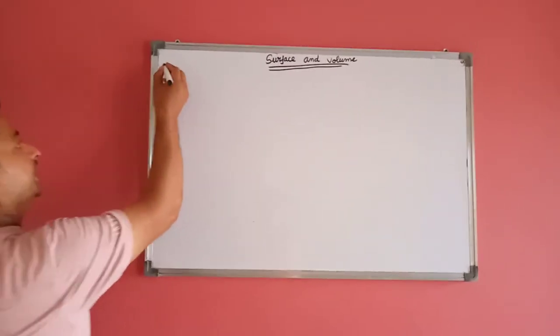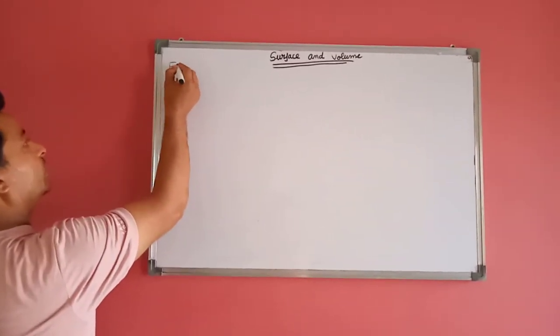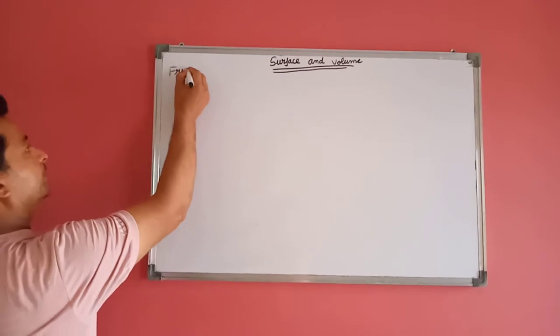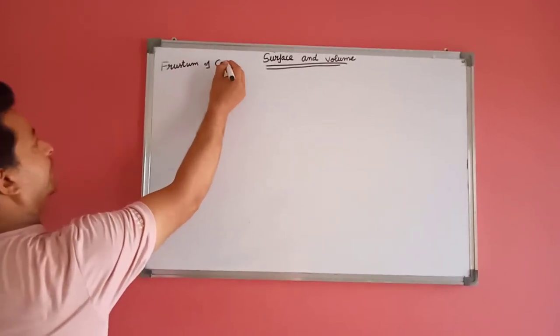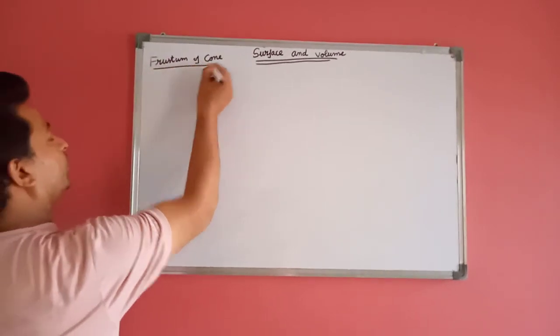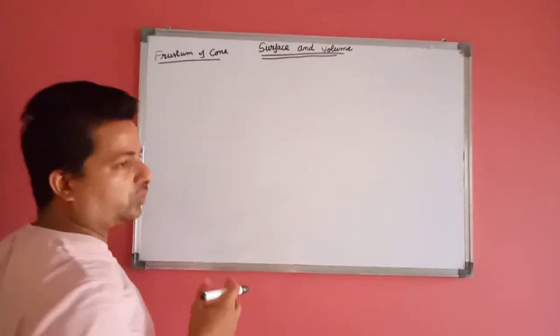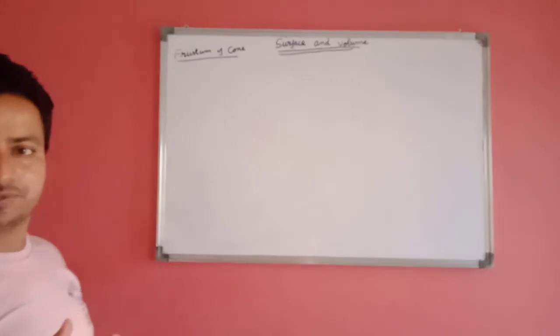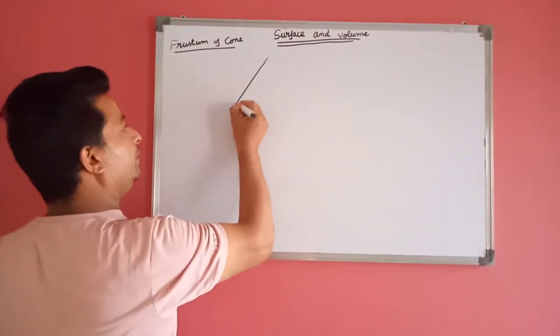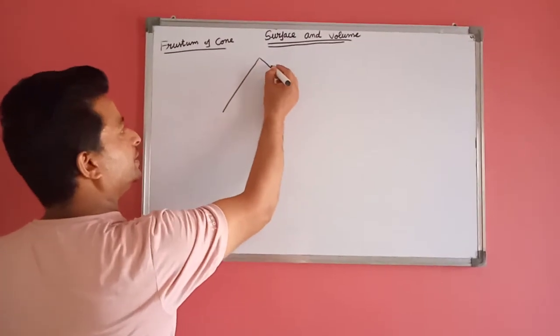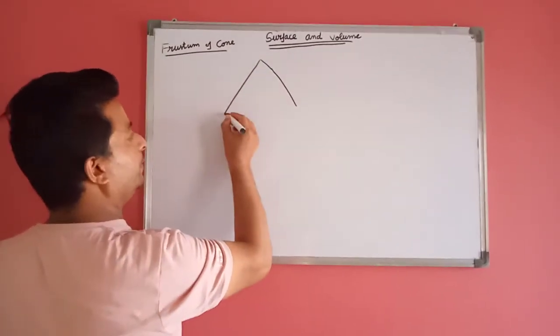The next one is frustum of cone. First we know about frustum of cone. Frustum of cone is like a drinking glass, a bucket. For example, we have a cone like this.